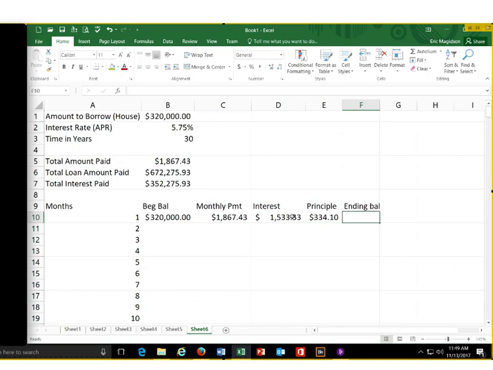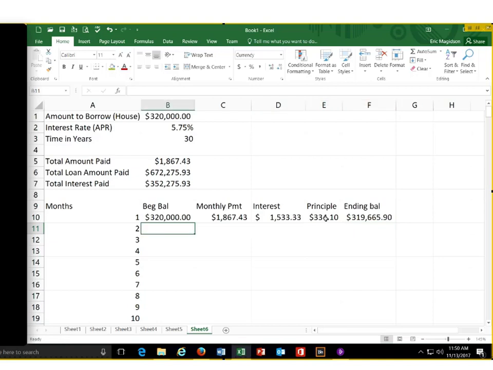What's my ending balance then? Equals B10 minus E10. Very good. Wonderful. So now at the end of my first month, I only owe $319,665.90.